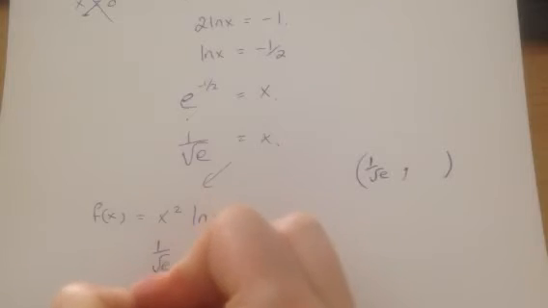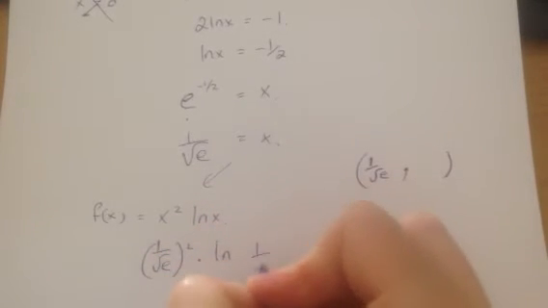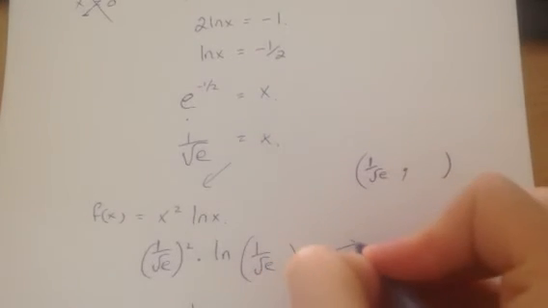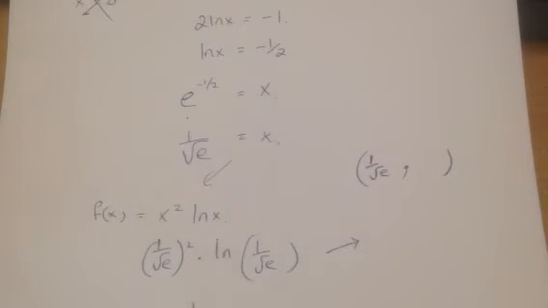So I have 1 all over root e, all squared, times ln of 1 all over root e. And if I clean that up, I'll end up with minus 1 all over 2e. So I'll just square this, it becomes 1 all over e. This I can clean up a little bit using indices and working with it then with the logs.